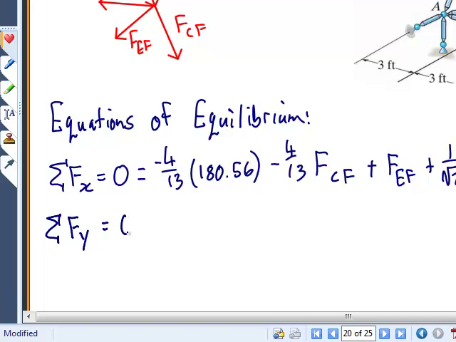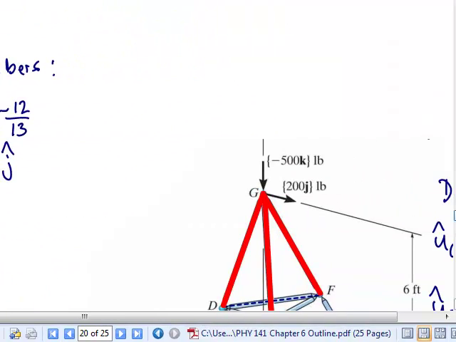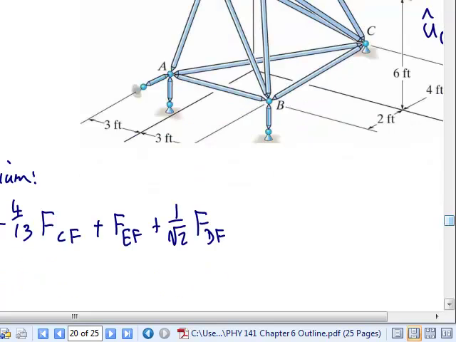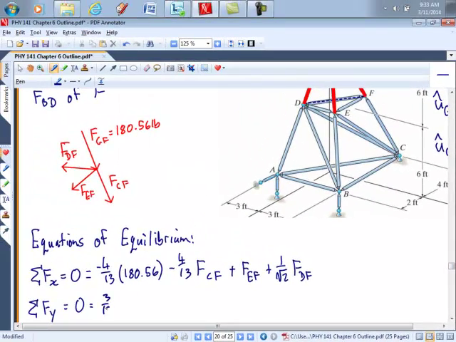Okay, y equals 0. So my y components are going to be 3 over 13 times my 180.56 plus 3 over 13 FCF, and then minus 1 over root 2 FDF. Okay, so I only have 2 unknowns in this one, so that's getting better.